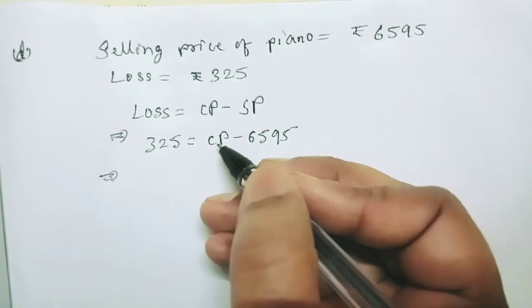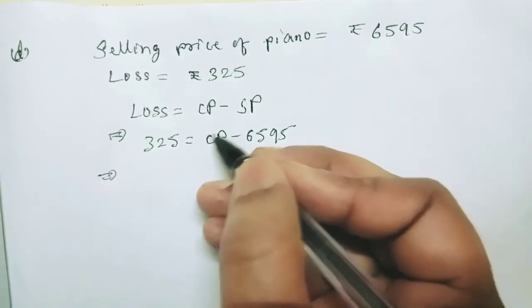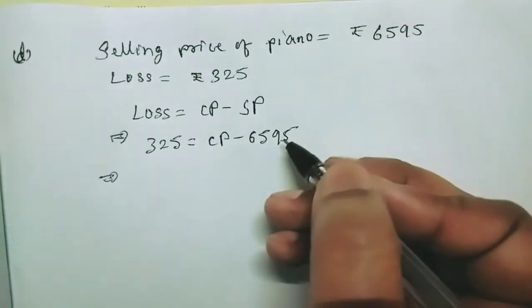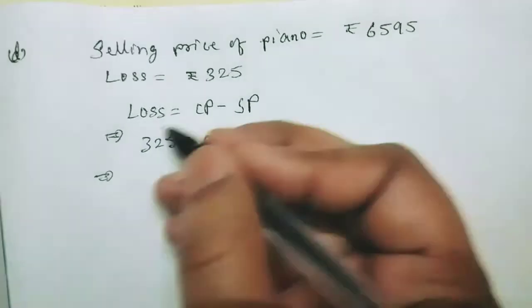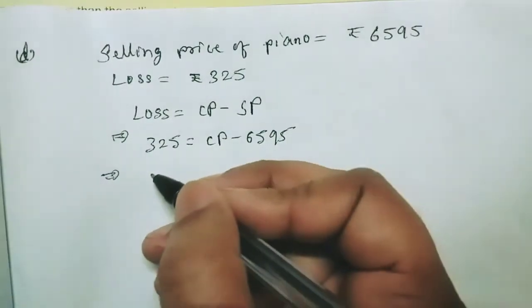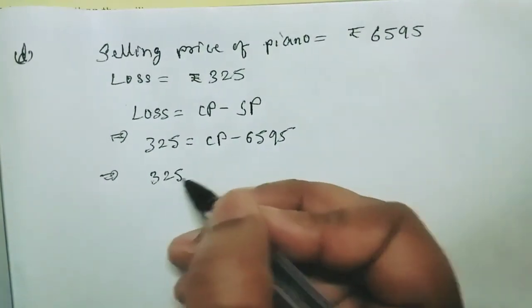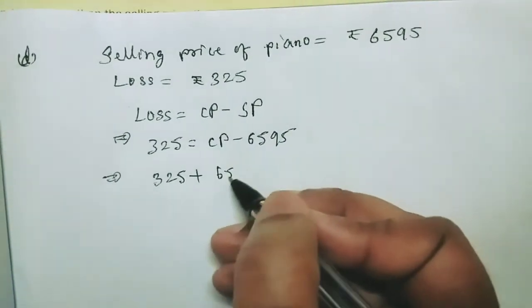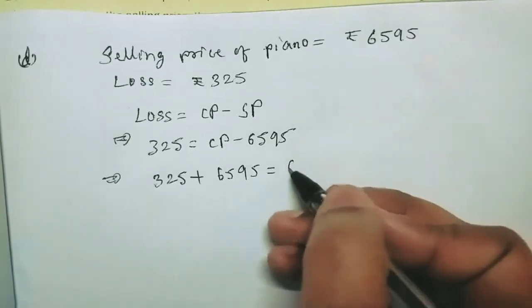Here you have to find CP and it is positive, so no need to transfer it. We will transfer the minus 6,595 to this side, because it is in minus, and when it goes to this side it will become plus. So 325 plus 6,595 equal to CP.